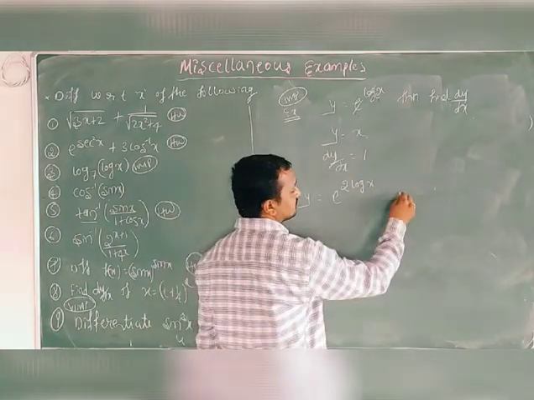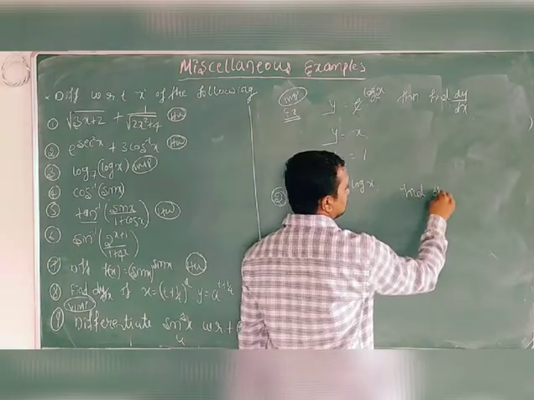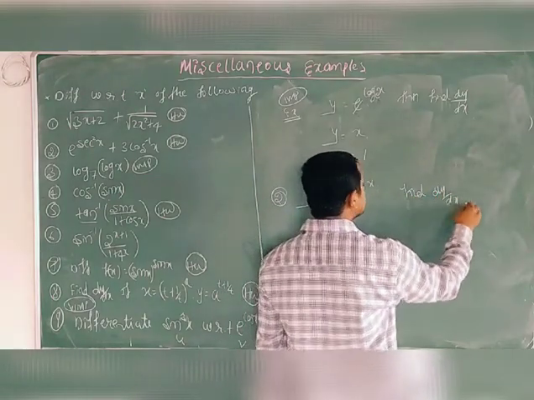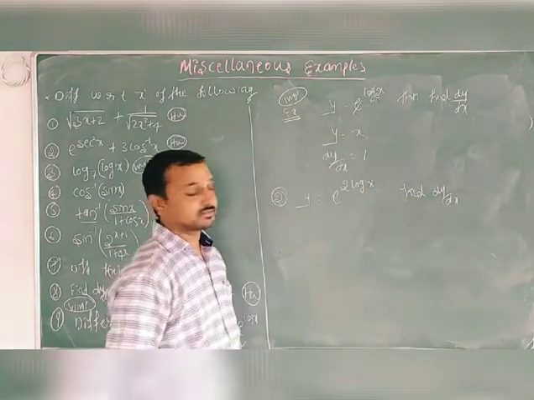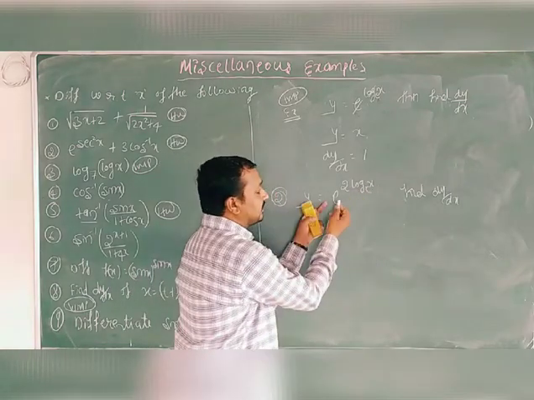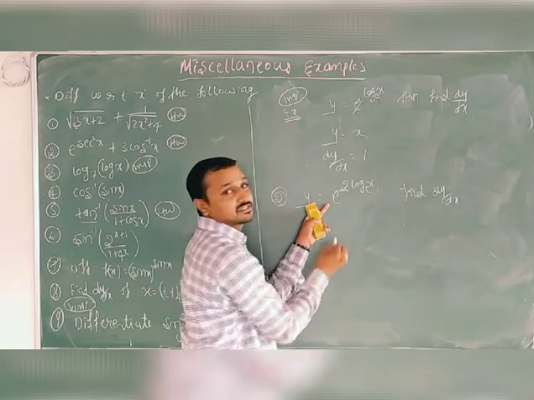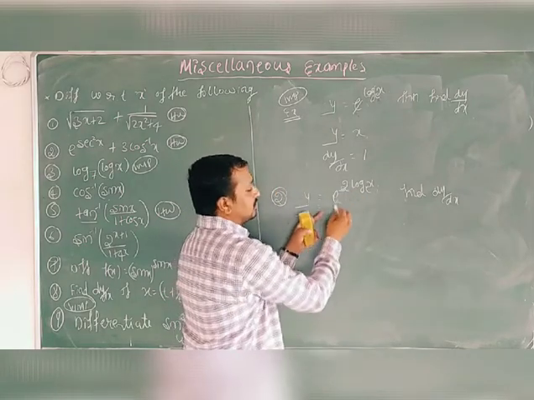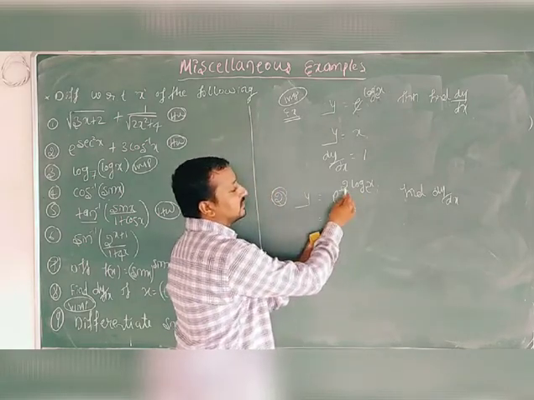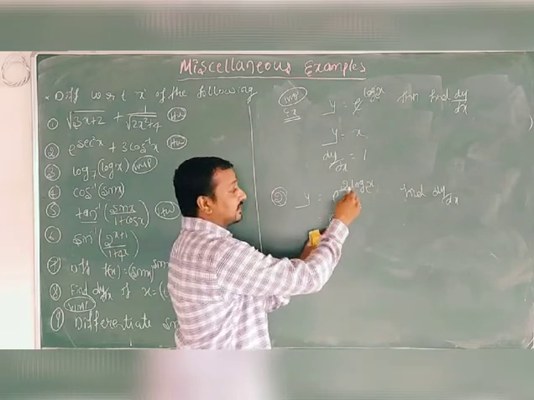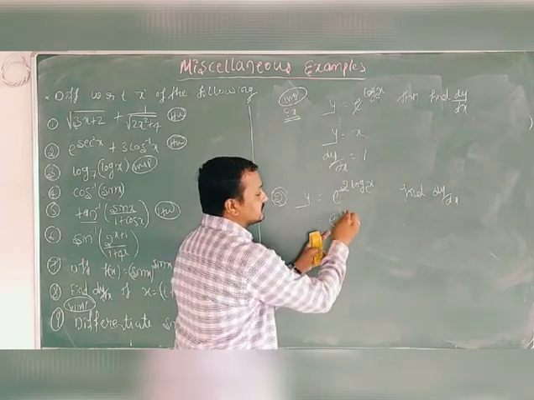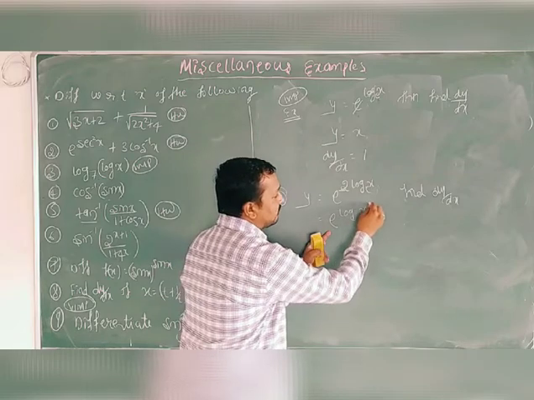Next, second one, y equal to e raised to 2 log x. Find dy by dx. This is also very easy. Here e and log do not directly cancel because the constant 2 is there. Keep e as it is. This is of the form m log n, and m log n can be written as log of m raised to n.